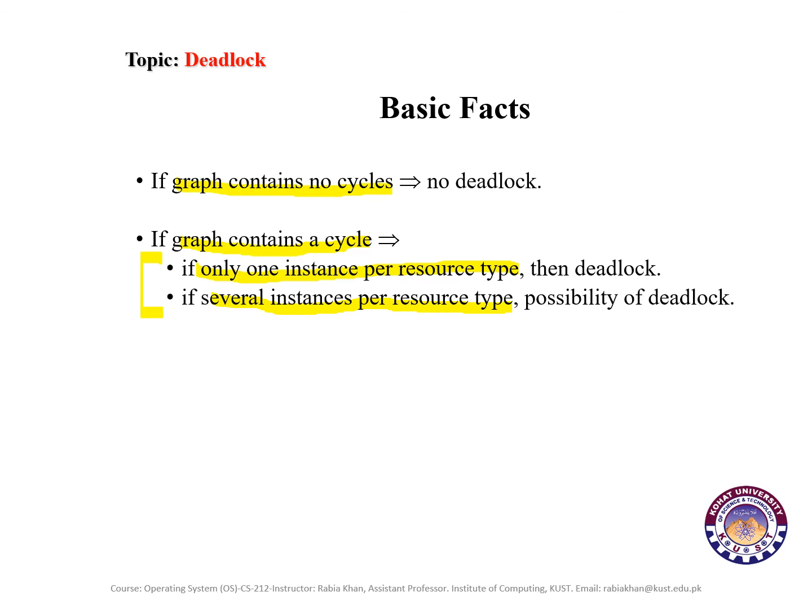So this slide is in connection to the previous lecture in which we were discussing the resource allocation graphs and how cycles in the graph can signify if there is a deadlock or a live lock in the system.